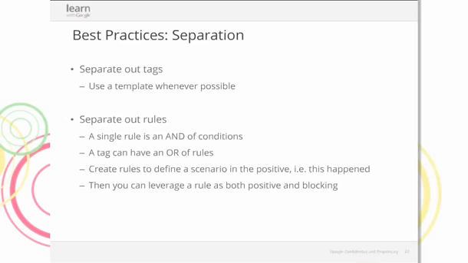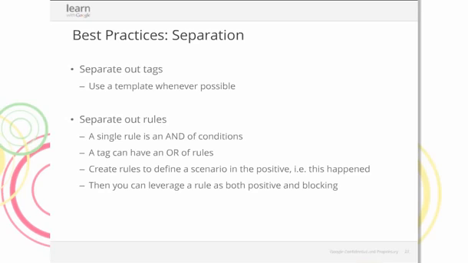That is using templates wherever possible. We recommend not to use custom HTML for any AdWords conversion tracking tags, as well as not to use custom HTML for multiple tags. What that means is putting multiple tags within a single HTML template. So the best practice here is only use one tag per template.